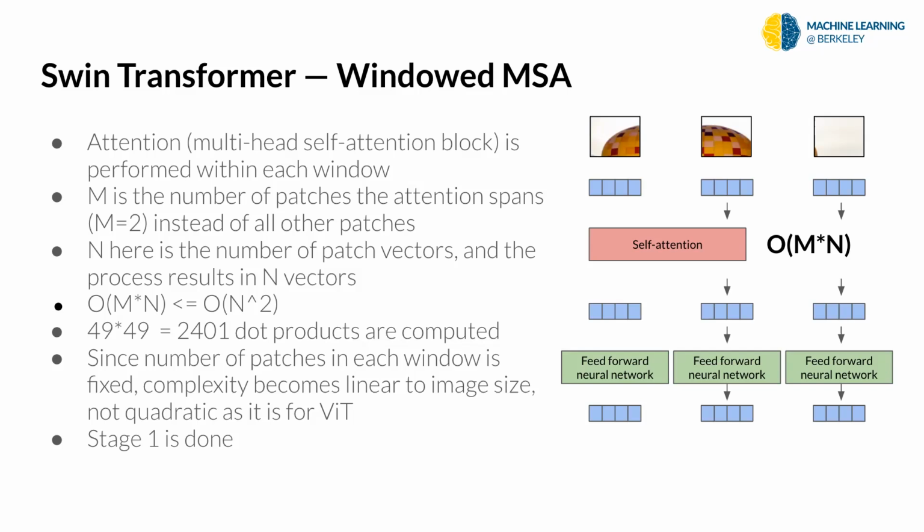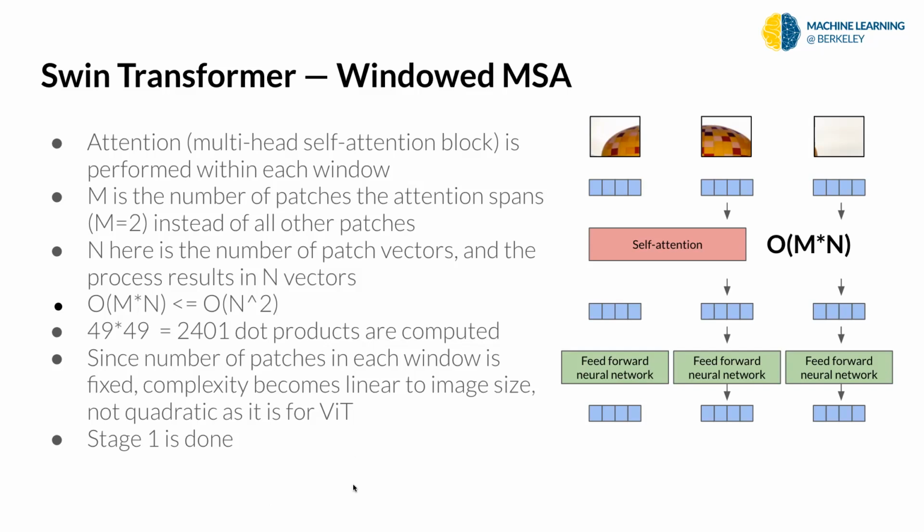The benefit of this is that instead of self-attention being an N squared operation, where we're computing with regards to every other patch in our sequence, we're only computing self-attention within a limited number of windows. So now our time complexity is on the order of O(M times N) instead of N squared.